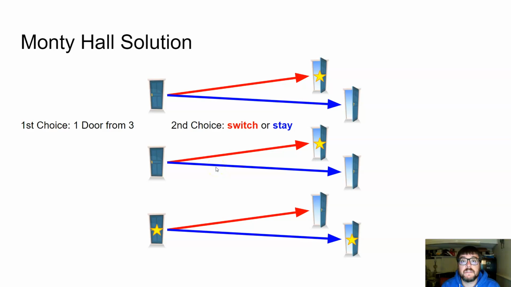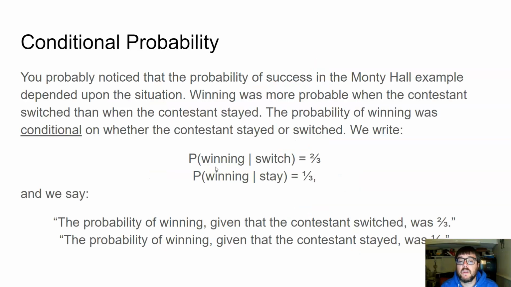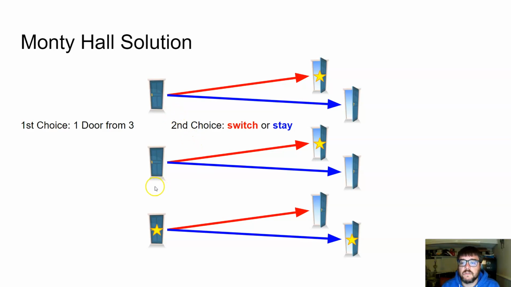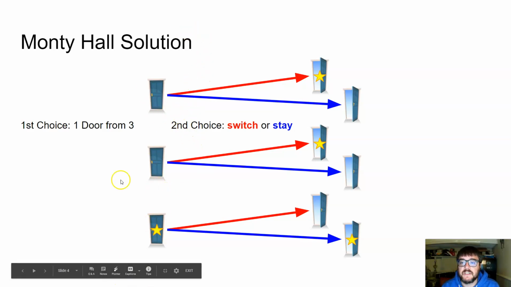So whether you win or not depends on whether you switch or stay. And so let's talk about that. There were 2 different ways to win if you switched. If you switched, you won 2 times out of 3. And if you stayed, you won 1 time out of 3. You don't know which of these states you're in.